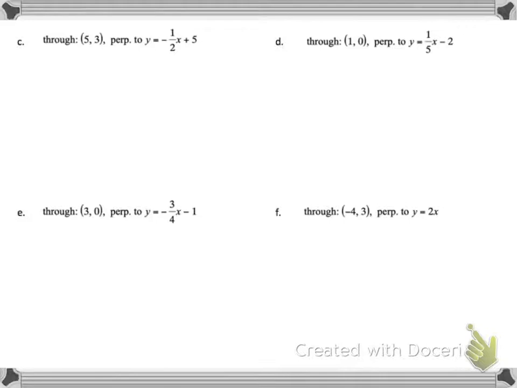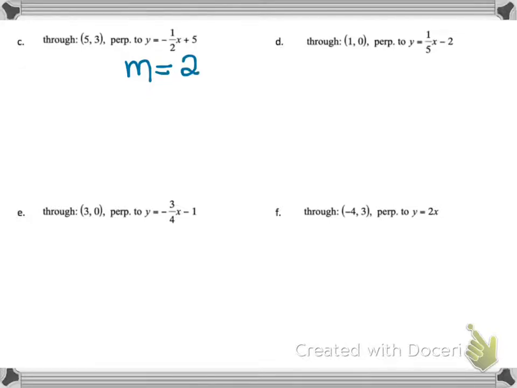So let's see. Let's go ahead with this one; this will be our last one we do together. The slope of my new line is going to be perpendicular to a line that has a negative 1/2 slope. If I take 1/2 and flip it, I get 2, and then change the sign, that's going to be positive 2.